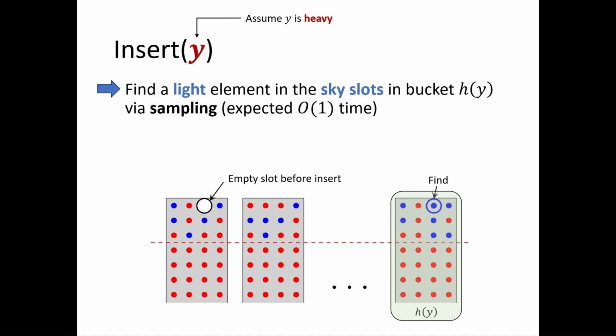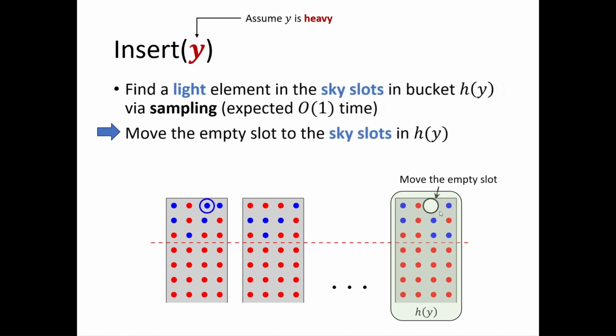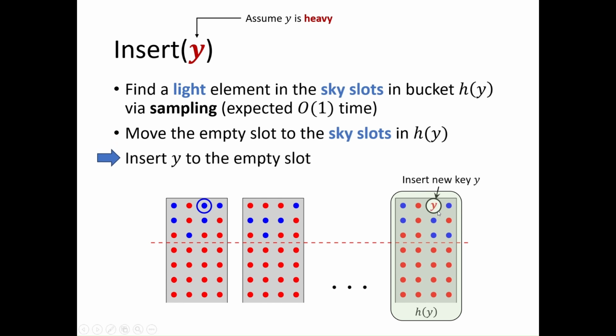Finding the light key can also be done using random sampling in the sky slots within h of y. And after we find such a light key, we can move it to the previous empty slot so that the new empty slot appears in h of y. And the last step is to insert y into the empty slot to complete the insertion.